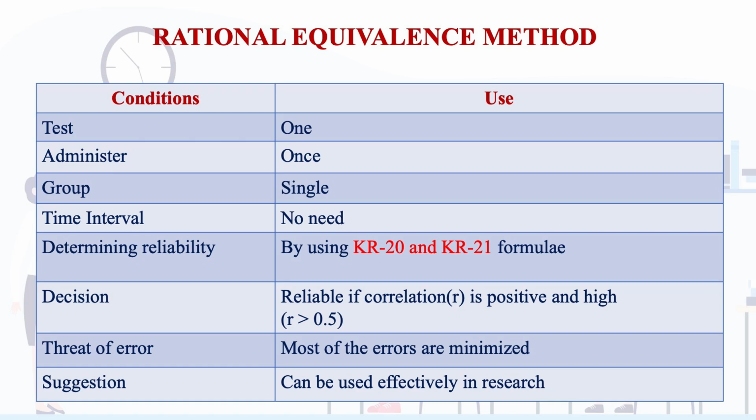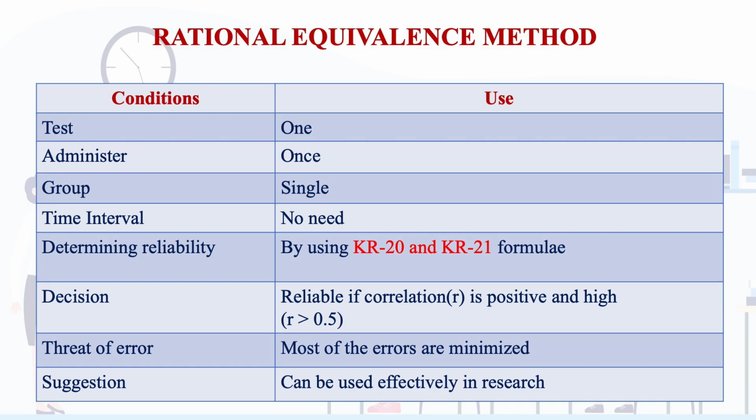Keeping in consideration the names of the test specialists and the serial number of the formula, it is very popular, called the KR20 formula, and again the KR21 formula. Kuder and Richardson also developed another formula for determining reliability in the rational equivalence method. That is why these two formulas are highly popular to find out reliability.